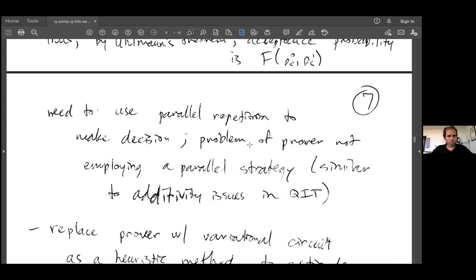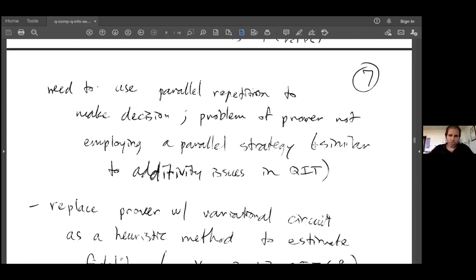And so, there's a technical difficulty encountered, which was solved in the paper of John Watrous. There's a clever strategy that you can use for parallel repetition, such that the prover can't trick you into calculating a different formula for the fidelity.